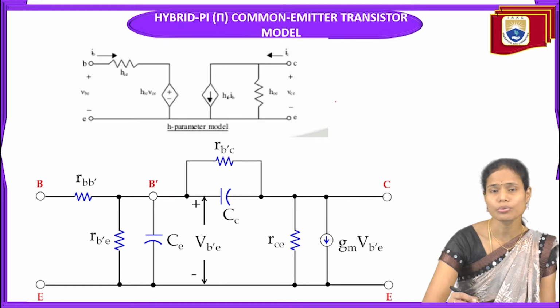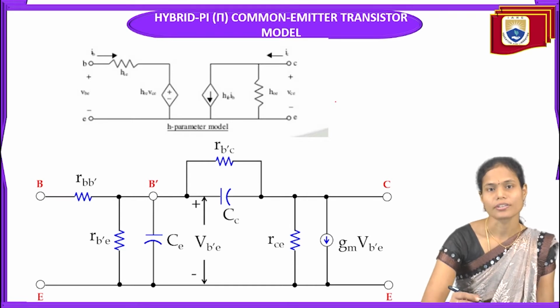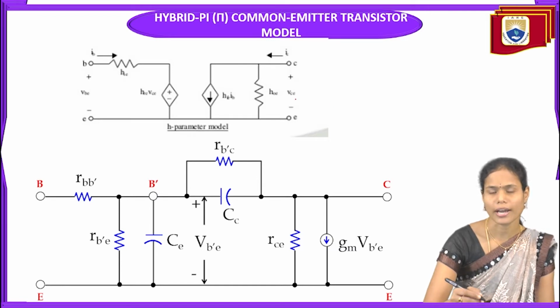So we need to check the operation of the transistor at different frequency levels. In order to see the performance of the transistor at different frequency levels, we went for the hybrid pi model. What is the basic difference between the H parameter model and the hybrid pi model?